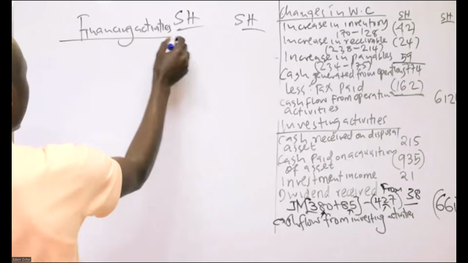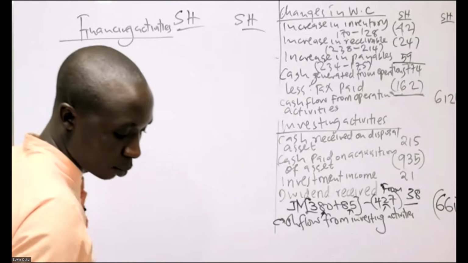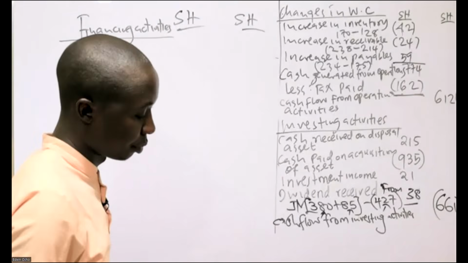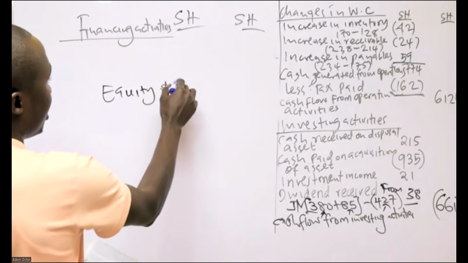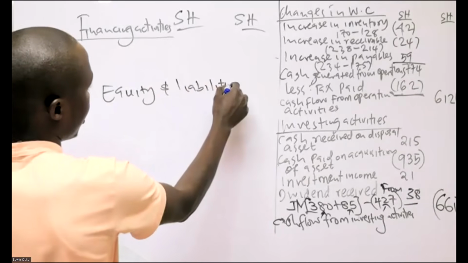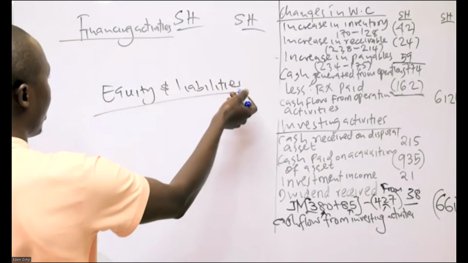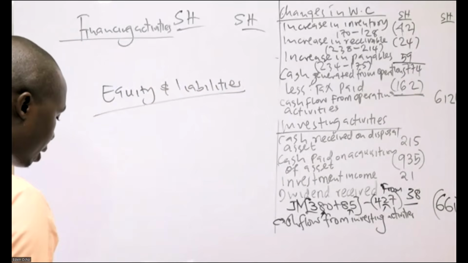Financing activities. So for the financing activities, we check the equity going down. So under equity and liabilities, that is where we concentrate most. What we have not dealt with. So the first item under equity is all about what?